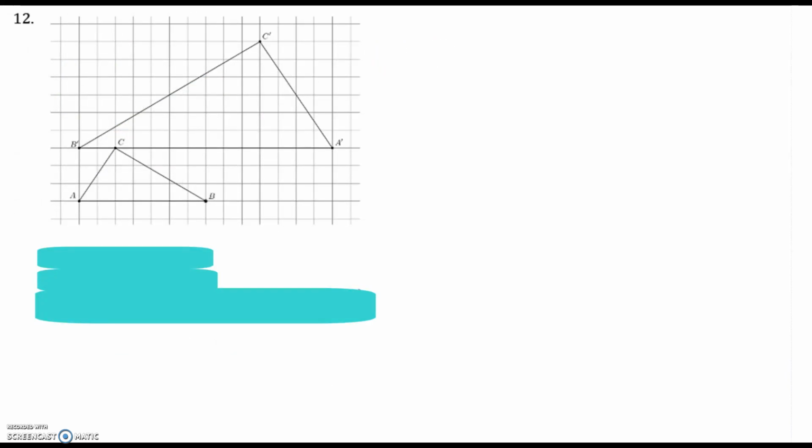Okay, for number 12, I'm going to use that TRRD again. So the first thing I'm going to do is shift the pre-image, triangle ABC, so that some of the corners line up. Because this grid's a little bit small, instead of making A map onto A prime, I'm going to map A up 3 units so that it lands on B prime, and it will be here.